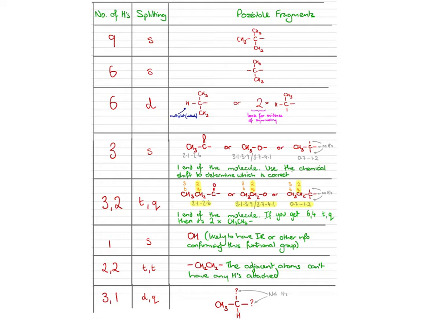So just be prepared for that. One way to work that out is to count all of the hydrogens that you think you have based on the signals and see if that matches the number of hydrogens in the molecular formula. I'll show you that in the questions that come up.